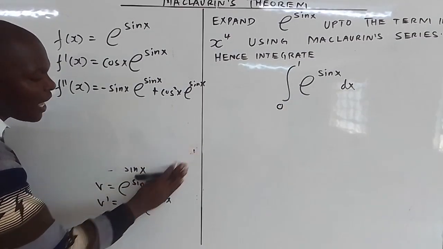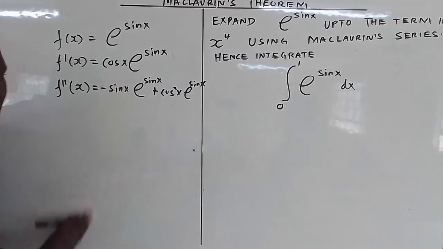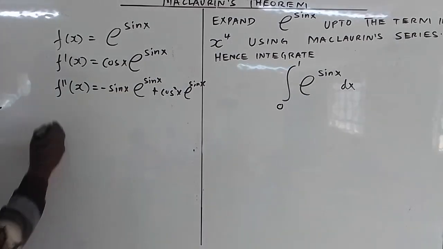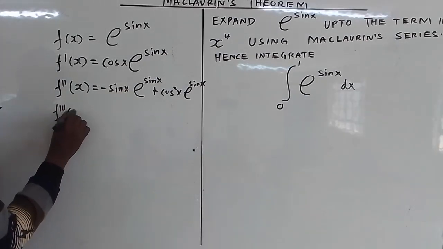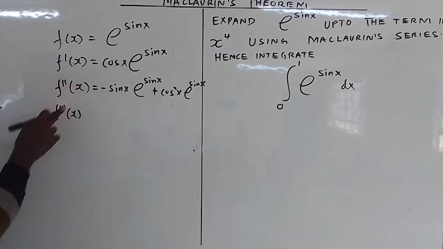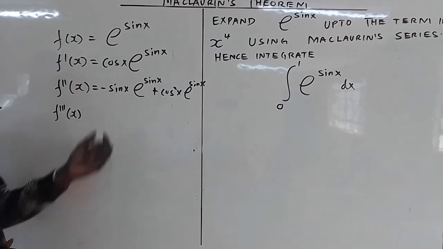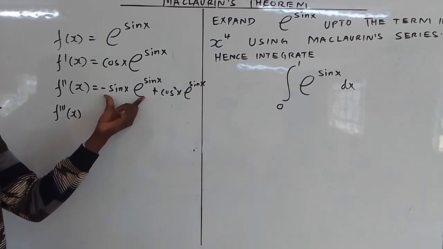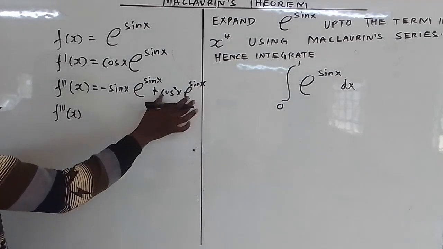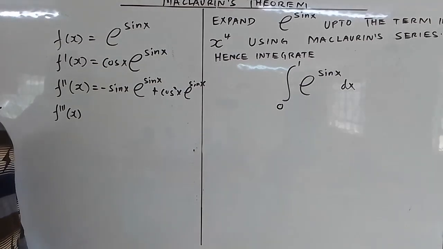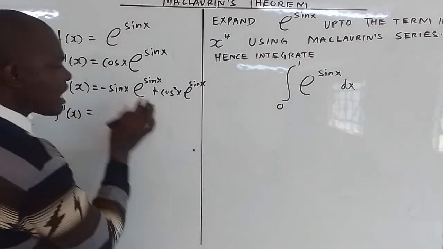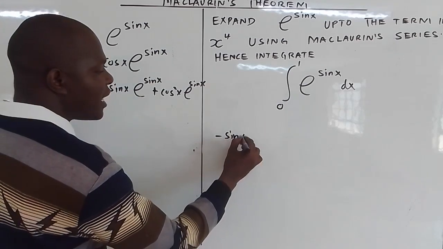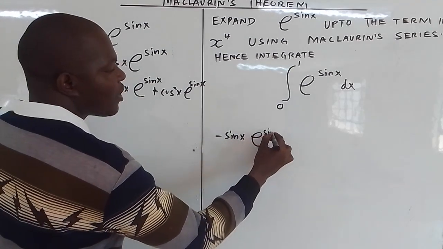We now move to the third derivative. We now differentiate this, and you get triple prime. So you can see both of them are product rule. Start with this first part: we have negative sine x exponential sine x.